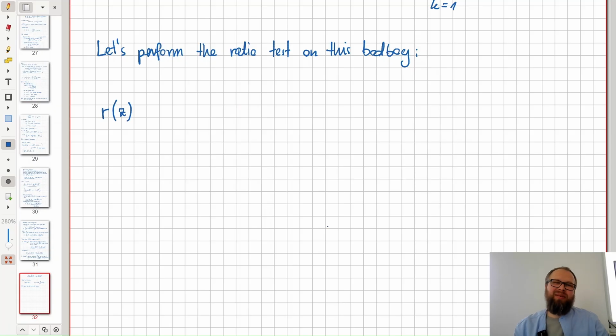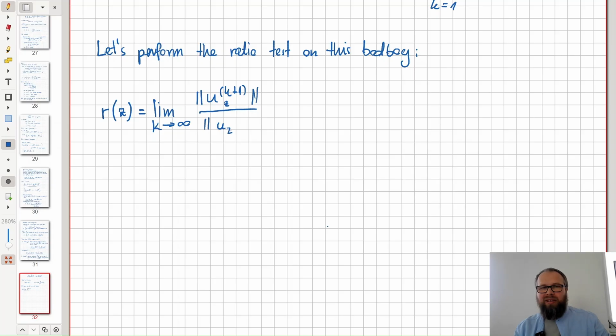We go to the limit k to infinity of the norm of u_{k+1}(z) over u_k(z). You take the next guy and the previous guy, and you look at the ratio, go to the limit. And depending on what this value is, you have convergence, divergence, or you don't know.